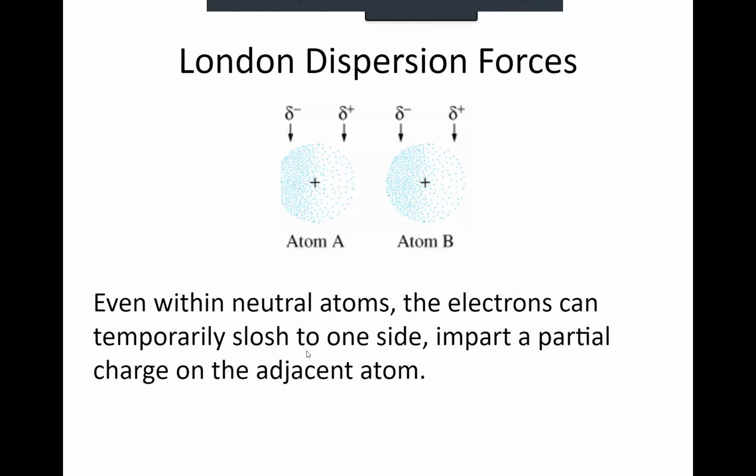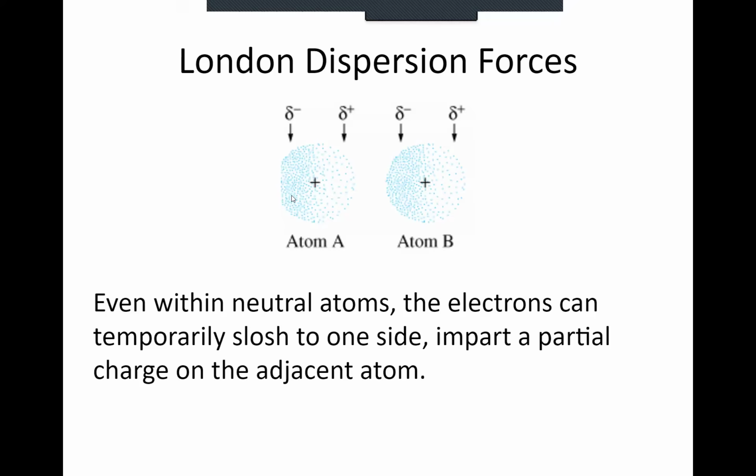Okay, so if it's a neutral Einsteinium atom, the electrons might temporarily be moving in their random way around the nucleus, they might be moved to one side over the other. They're not necessarily always going to be an even distribution.